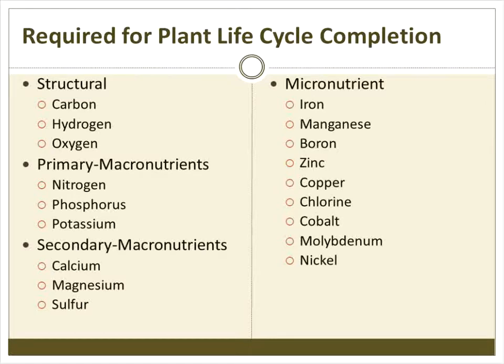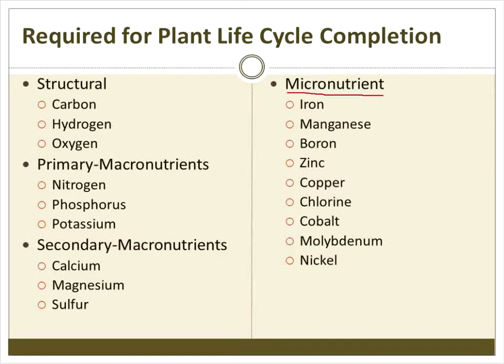That would be the plant walls, cells, etc. So carbon, hydrogen, oxygen. Those are certainly required. You have things like nitrogen, phosphorus, potassium, which are macronutrients. You have secondary macronutrients, calcium, magnesium, and sulfur. And then over here on the micros, you have iron, manganese, boron, zinc, copper, chlorine, cobalt, molybdenum, and nickel. All right, many of these guys over here you've probably never even heard of.